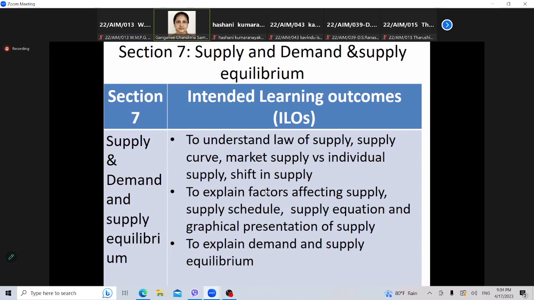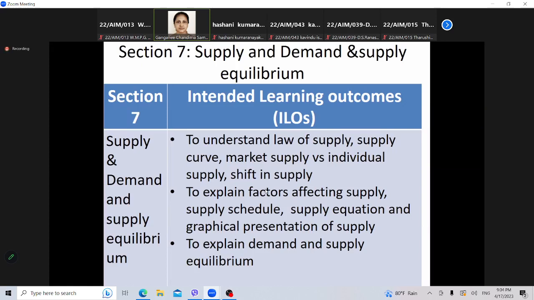Okay. So at the end of this section, you need to understand the law of supply, supply curve, market supply versus individual supply, shifting supply, and again the factors affecting supply. We learned what are the factors affecting demand.